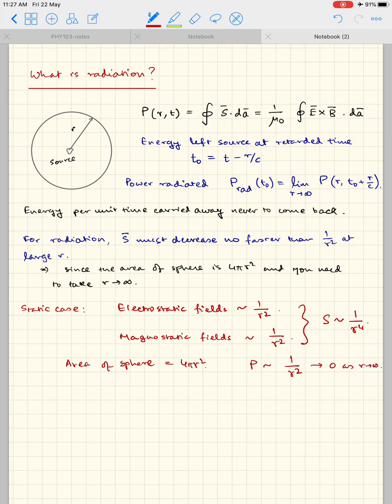Okay, so the conclusion that we get from here is that there is no radiation for static sources.